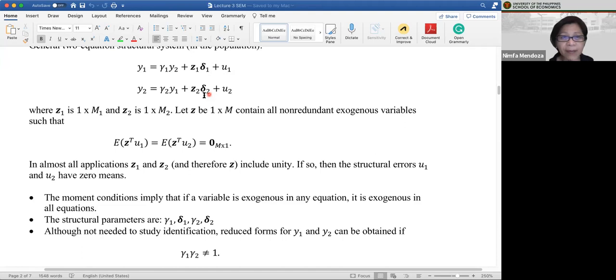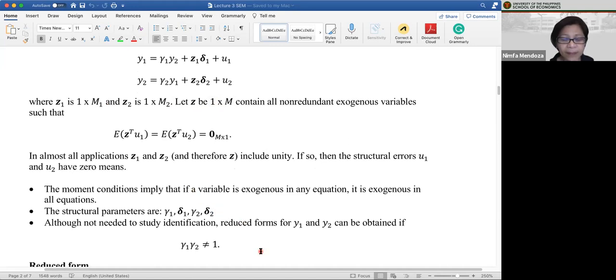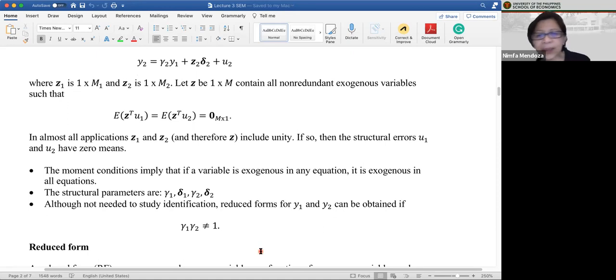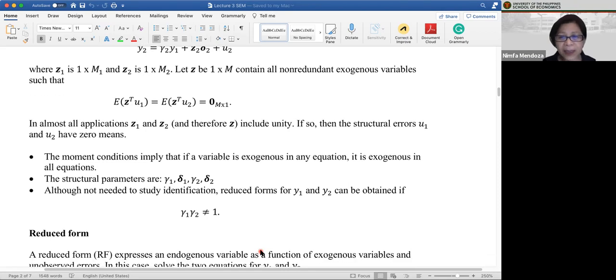So we have M sub 1 plus M sub 2 plus 2 parameters of interest. We do not really need the reduced forms to study the identification, but the reduced forms can be obtained if gamma sub 1 gamma sub 2 is not equal to 1. And we will see that later.